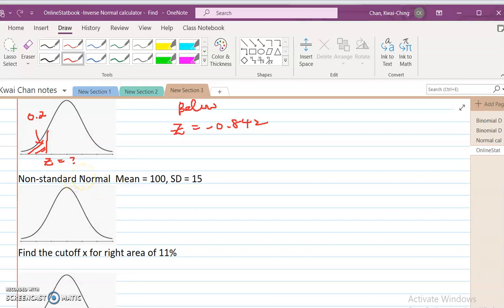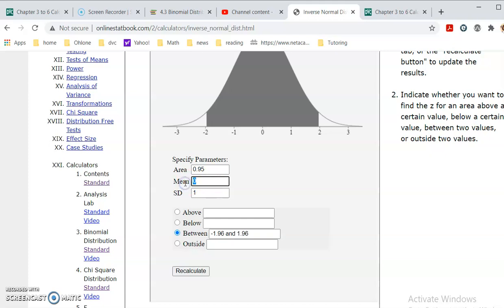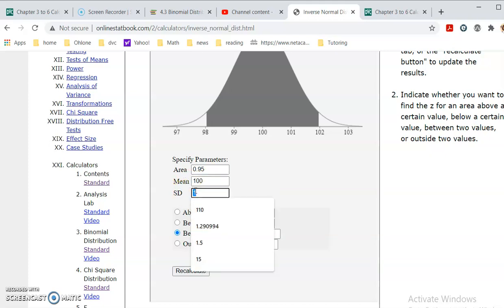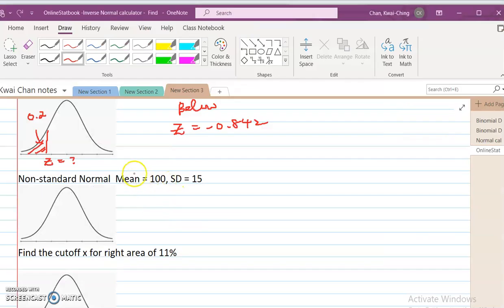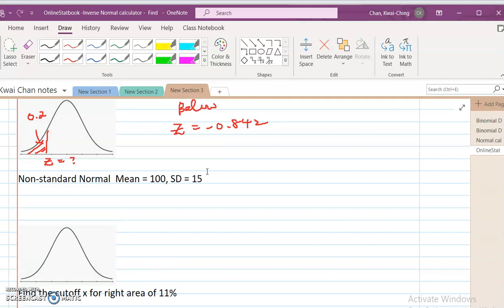Another case is when we're doing non-standard normal, where your mean is not 0 or your standard deviation is not 1. In this case, we're doing IQ, where the mean is 100 and the standard deviation is 15. I'll do an in between, because last time I didn't.